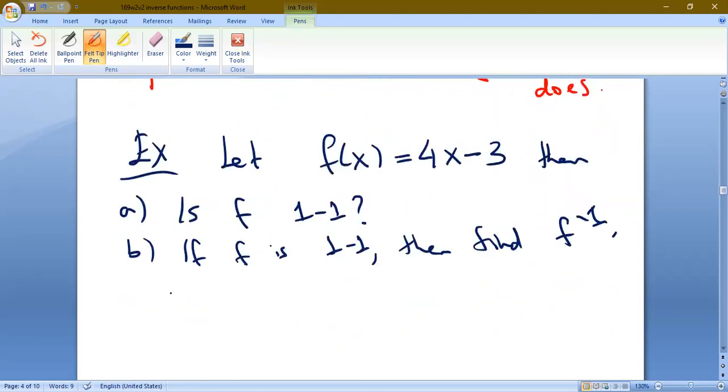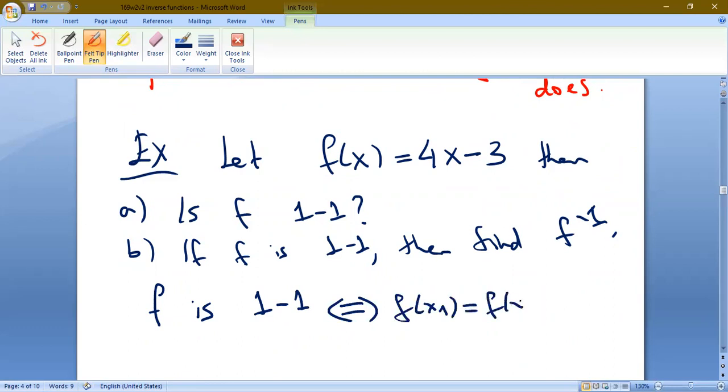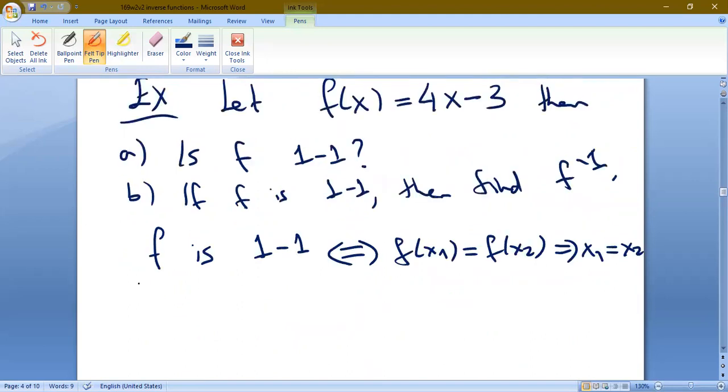First of all, how are we going to show if f is one-to-one or not? What was the definition of one-to-one? f is one-to-one, remember, if and only if f of x1 equals f of x2 implies x1 equals x2. So let's take f of x1 equals f of x2.